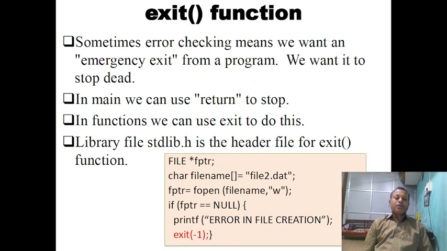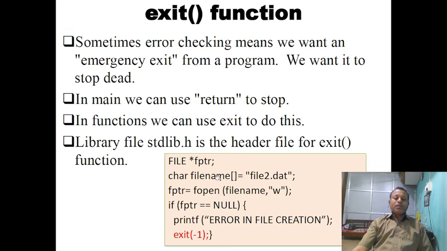Sometimes, in error checking, we want an emergency exit from the program, and we want it to stop. In main, we can use return to stop it. In a function, we can use exit. Exit is a library function, and stdlib.h is the header file for the exit function.